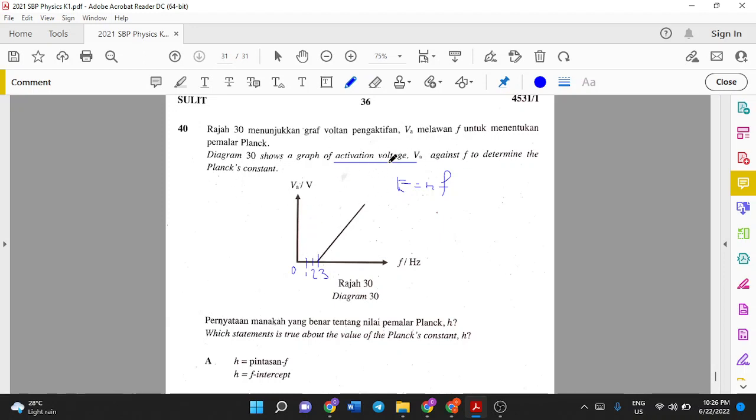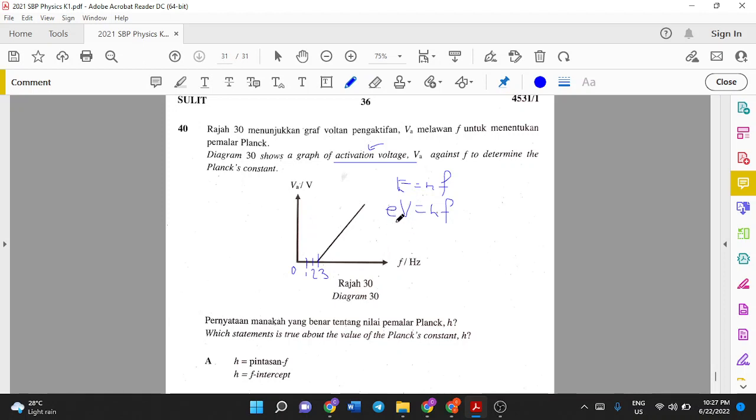So activation voltage is in an electrical circuit. We can convert this energy into another equation, eV equals hf, because eV represents the electrical potential energy. Voltage here is your potential difference, and e is your charge.